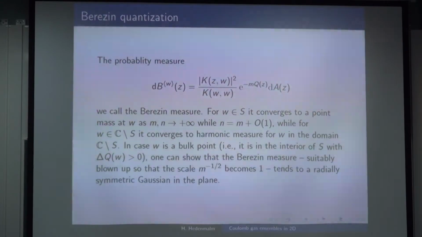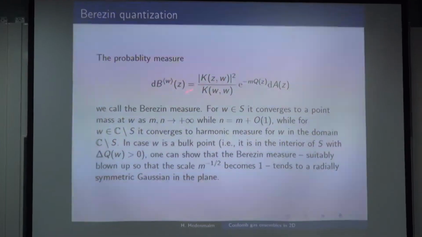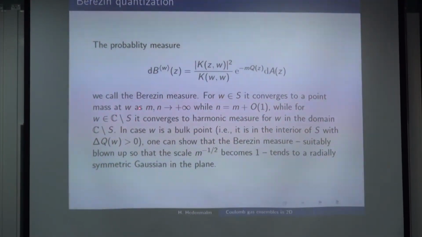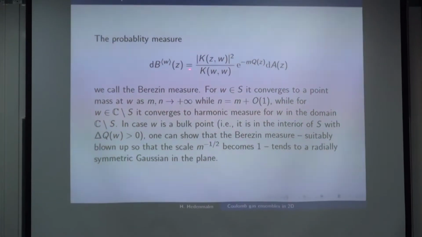So for a given point w, you could be interested in how this behaves for fixed w as you let your parameters m and n tend to infinity in the corresponding fashion. That would be a way to model the behavior of the kernel.